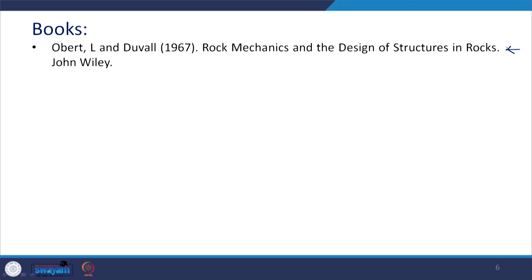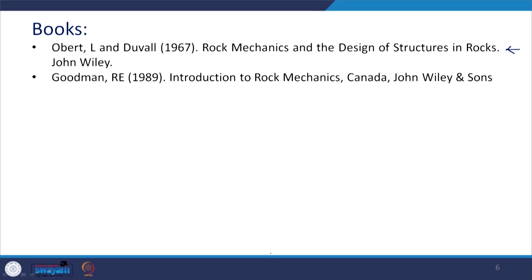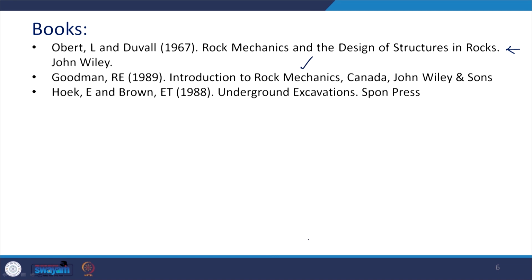So, the first book is by Obert and Duval. Here is the reference. Then, this is the basics of rock mechanics by Goodman. Then a very important reference by Hoek and Brown, and the title is Underground Excavations.